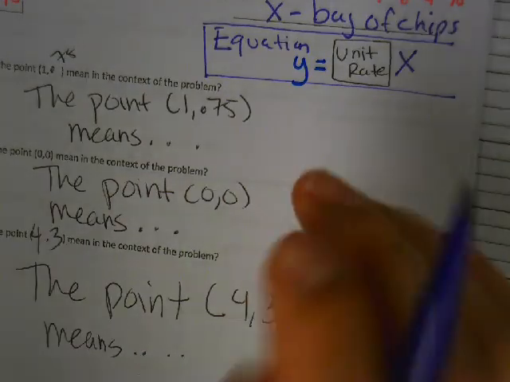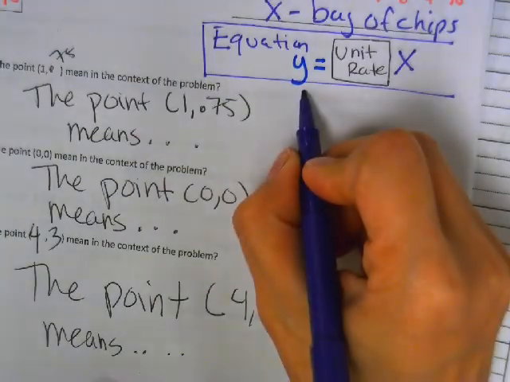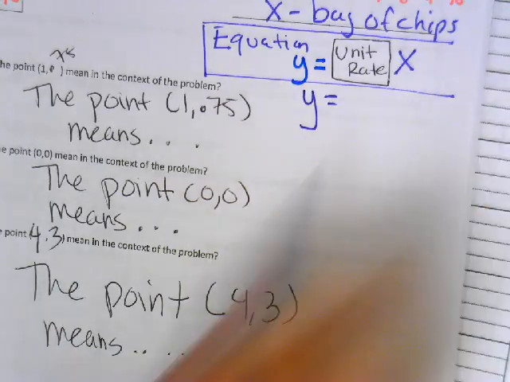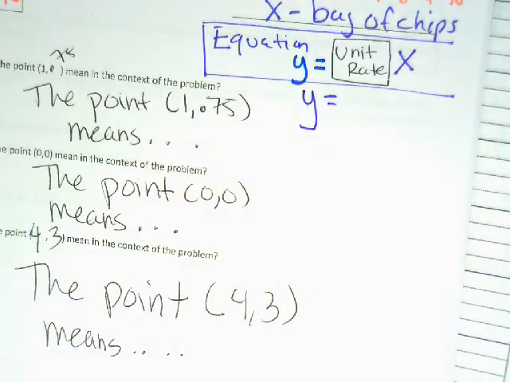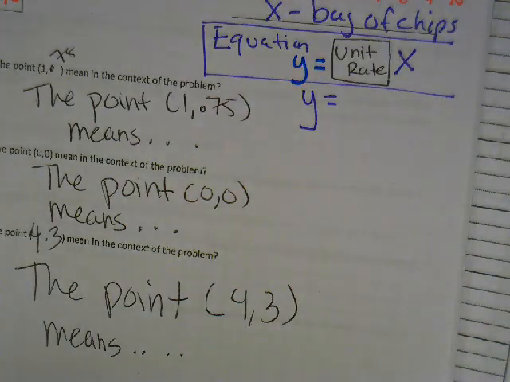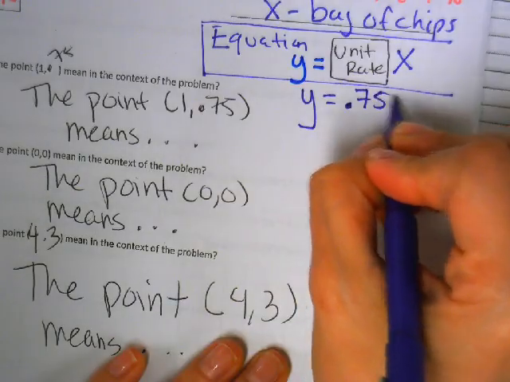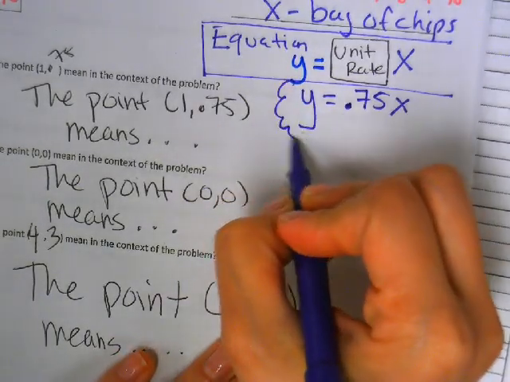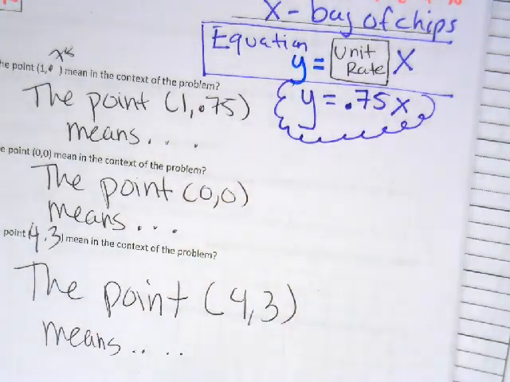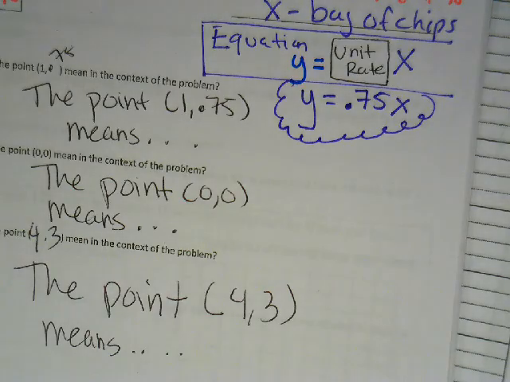For this problem, you will always start with y equals. Now, what is the unit rate for our problem? 75 cents. This is your equation for this problem. If you blinked, you missed it, because it's that easy and fast.